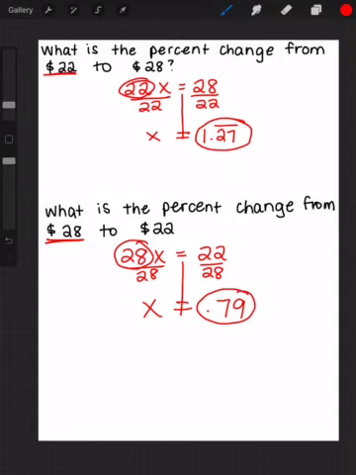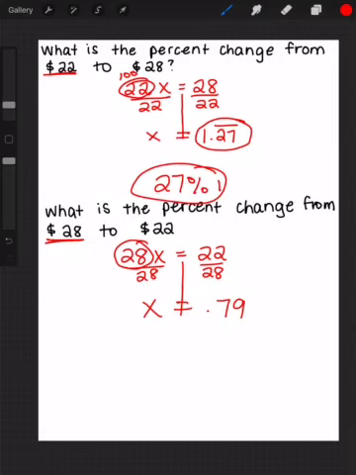Okay, but what about the percent change from them? In this one up top, our percent change, remember this was our 100. We changed it by 27%. We increased it by 27%. And this one down here, this is our 0.79.